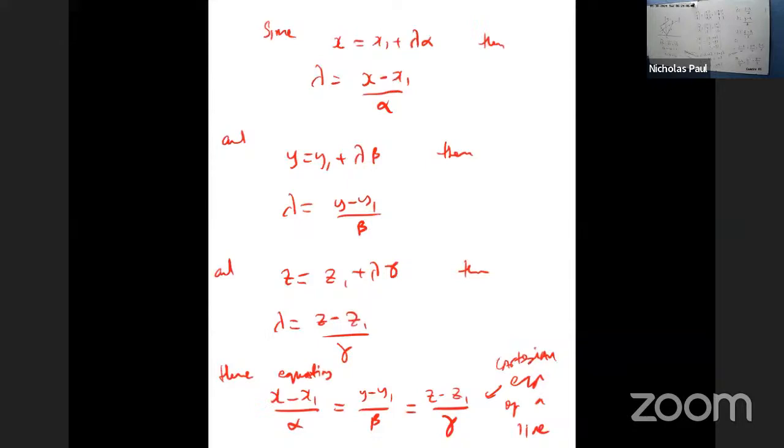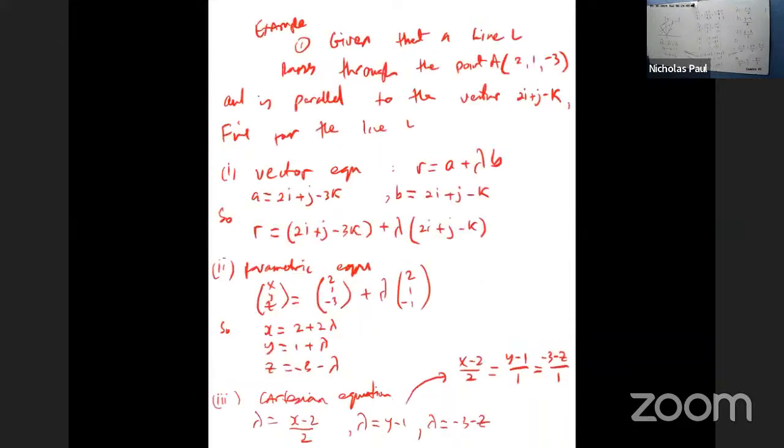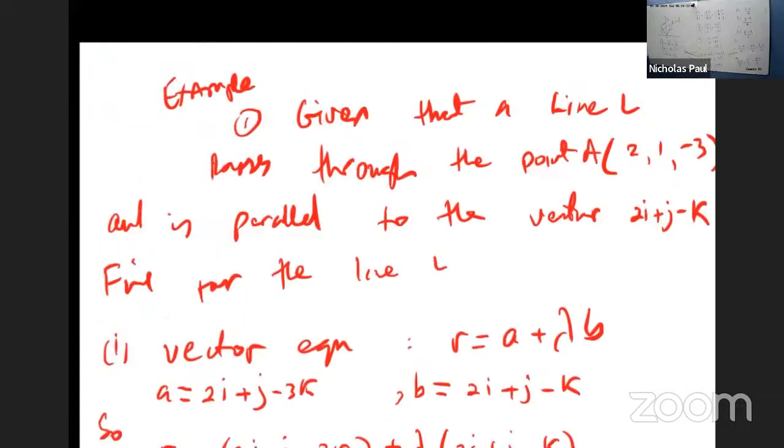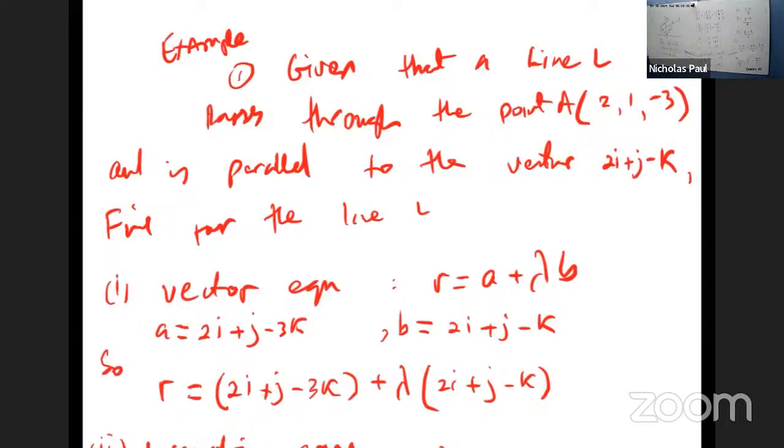All right, one for the road and we're done. Find the vector equation of the line there, all three forms.